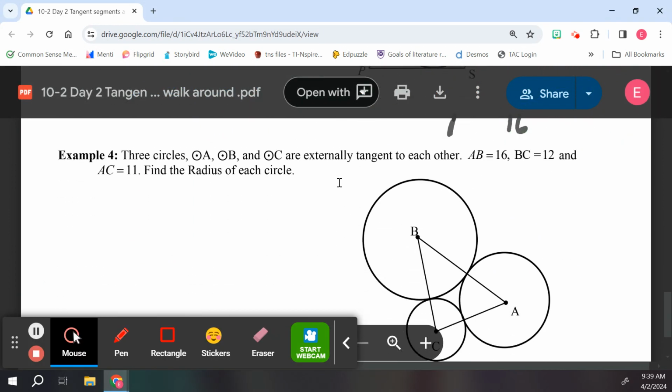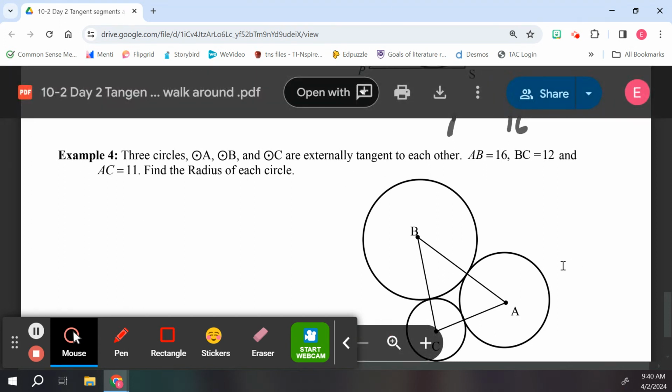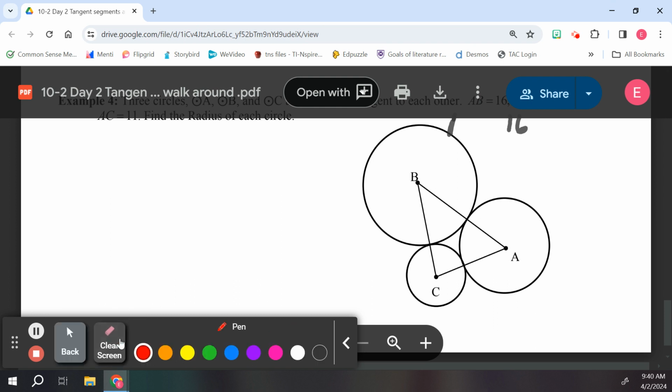All right, let's talk about this. It says 3 circles, circle A, circle B, circle C, are externally tangent to each other. So AB is equal to 16, BC is 12, and AC is 11.